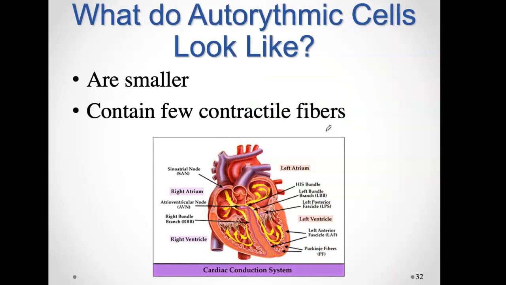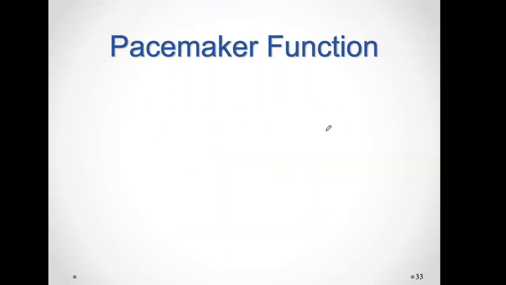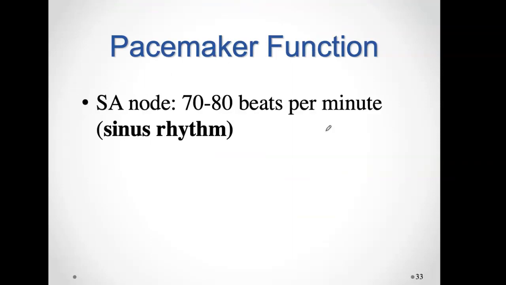What do they look like? Well, they look similar to contractile cells, but they're smaller, and they contain very few contractile fibers. So they don't really do a good job of contracting, but they do a good job of stimulating action potentials. What's that pacemaker function?